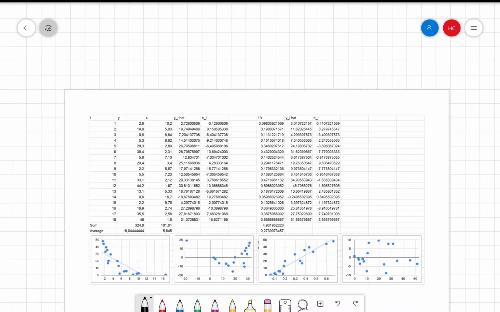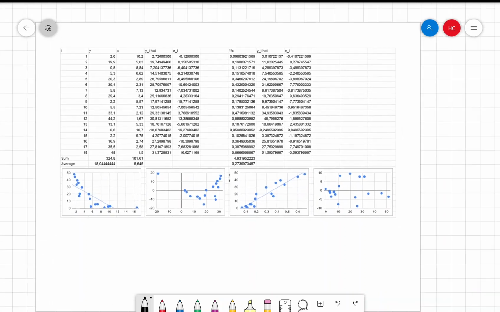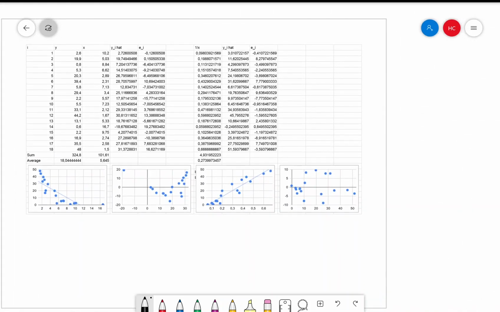All right, so let's do an example here. Let me divide it into two parts. We have data points x and y. This first plot is the plot with x and y, and the second plot is the residual plot. This is yi hat versus residual ei.